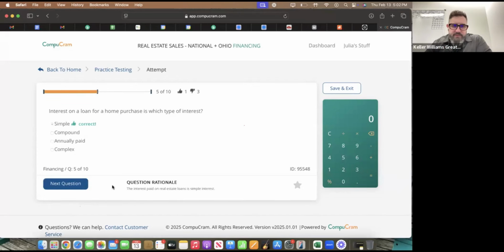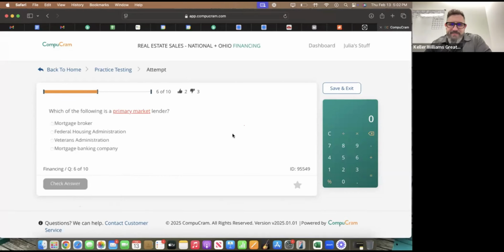All right, simple is correct. The interest paid on a real estate loan is simple interest. No, you cannot pay your interest only once a year annually. Good luck trying that. Unless you pay in advance, I suppose.